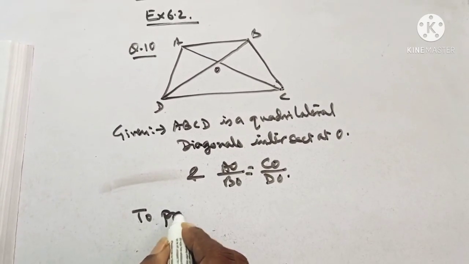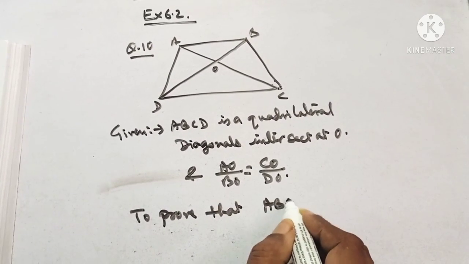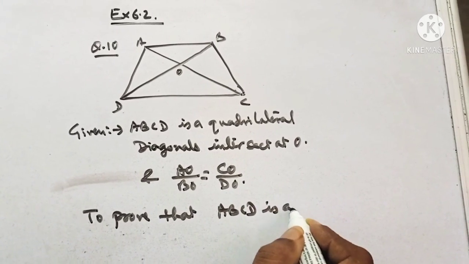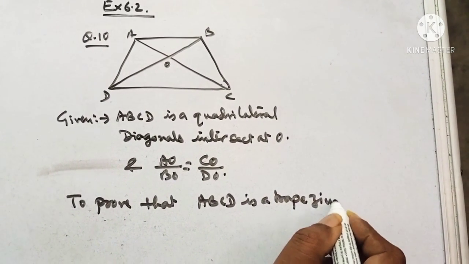You have to prove that ABCD is a trapezium.